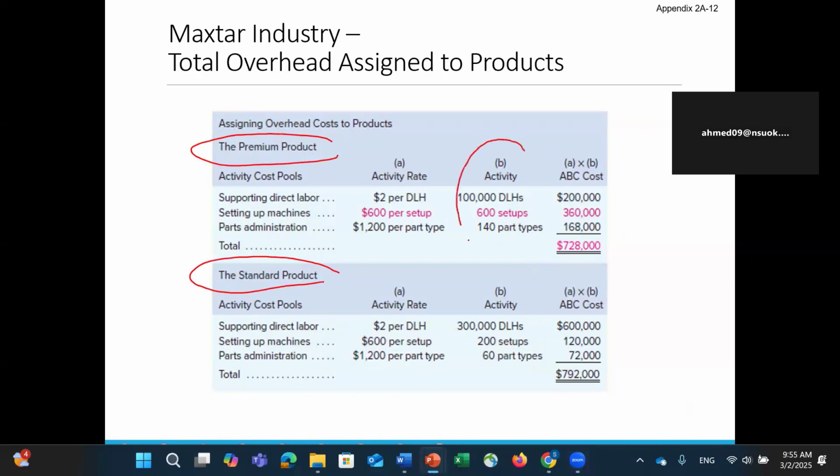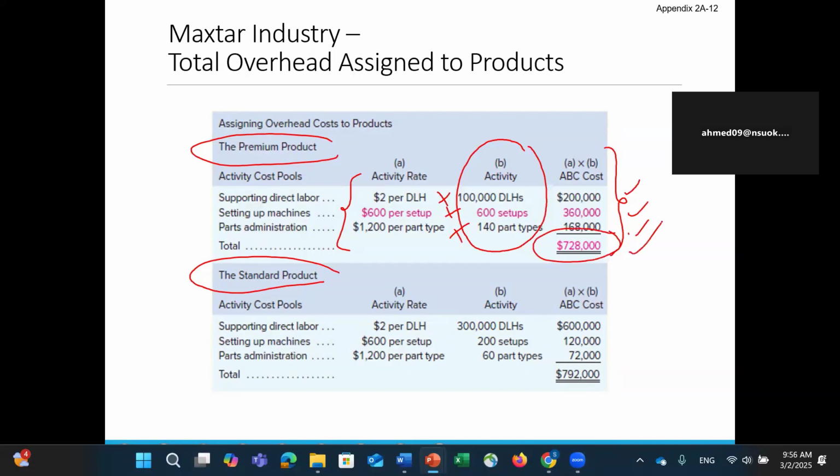This belongs to the premium, so you just multiply these two together. This is the one we calculated, 2 per DLH, 600 multiplied. The cost will be 200, 360, and 168,000. When you add them up, you have 780 thousand in total. But that's not all we are interested in.